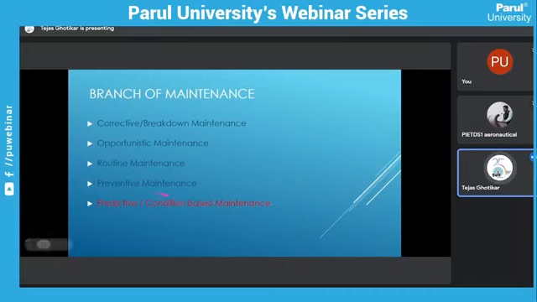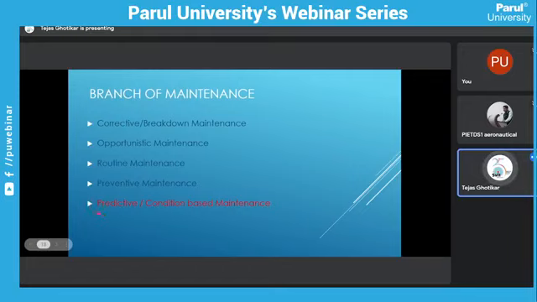To prevent a failure we are going for the maintenance. There is some small difference between preventive and predictive, but both of these are planned maintenance.